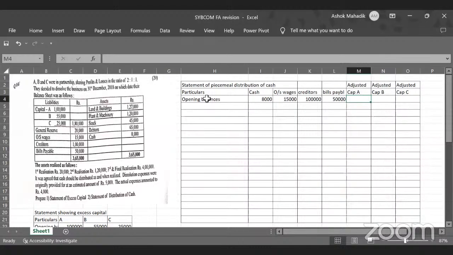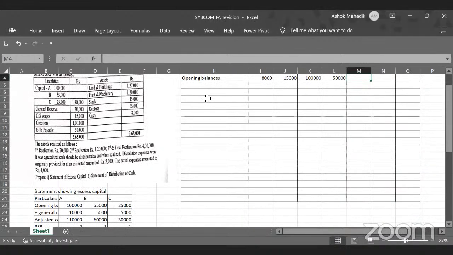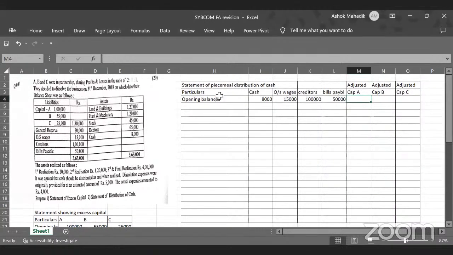So while taking the capitals, take adjusted capital. You can see on the left hand side 1,10,000, 60,000 and 30,000. These are after adding reserves. Clear, students? So first of all, write all the balances.